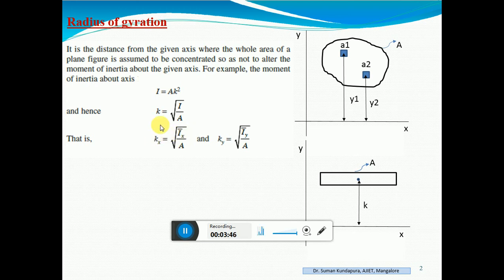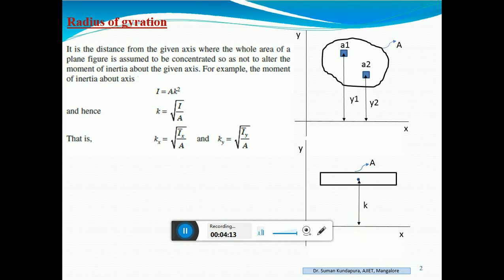Now you might get a doubt, how did this equation arise? This is the moment of inertia, this is the total area A, and kx is this distance. So if I take the moment of area of this plane about the x-axis, it is A into k. That is the first moment of area.